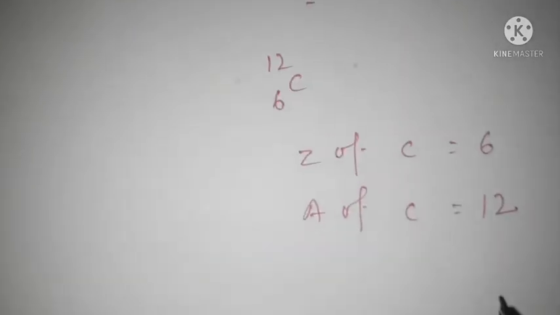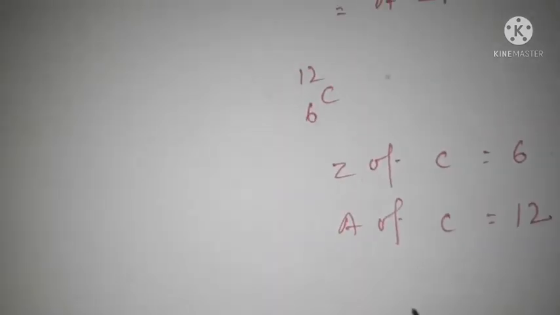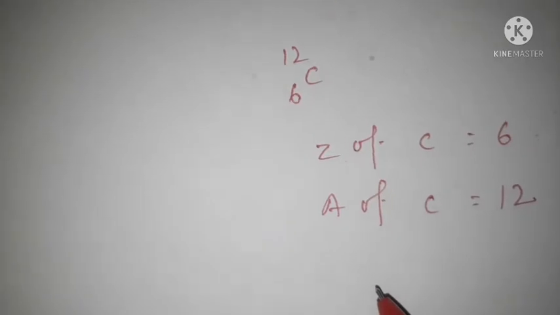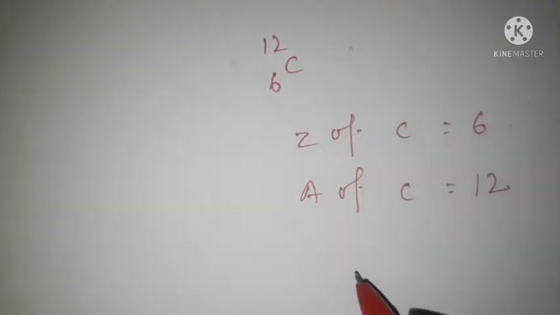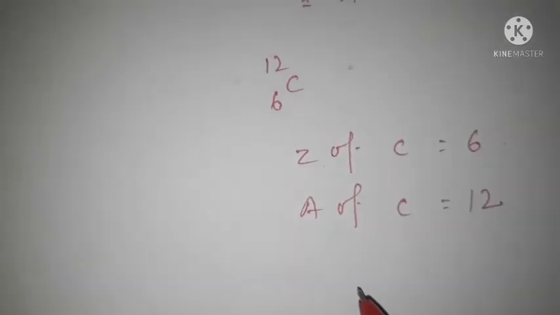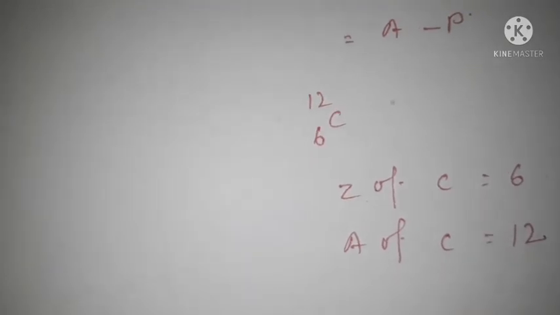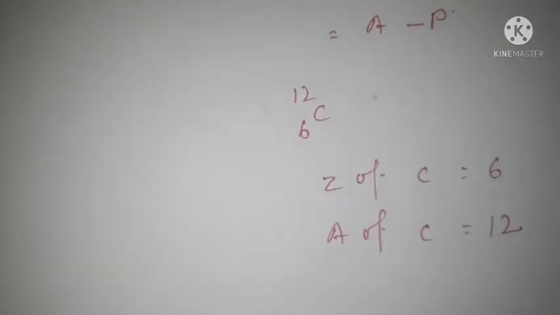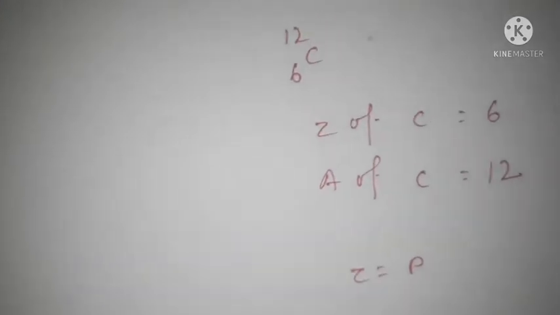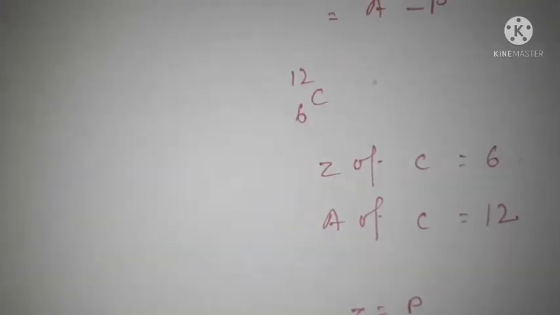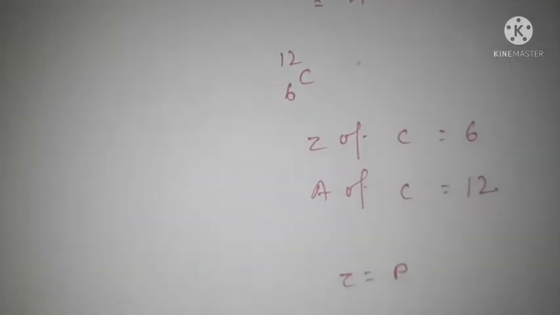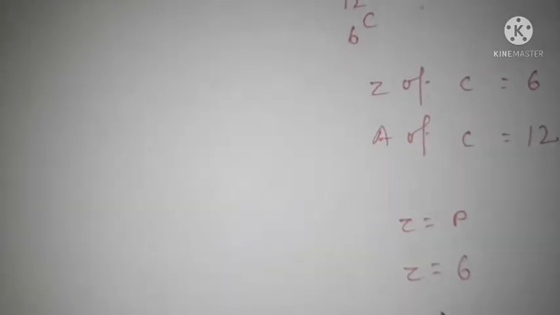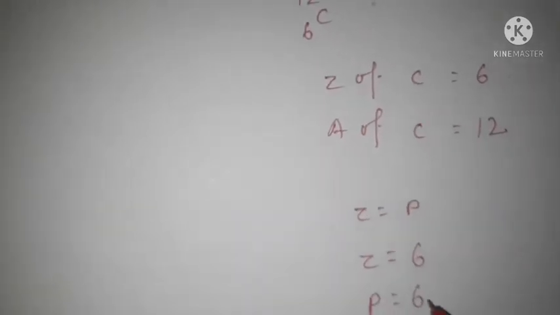Now we have to calculate E, the number of electrons, P, the number of protons, and N, the number of neutrons. We know that Z is equal to P. So if Z is equal to 6, then P is also 6.